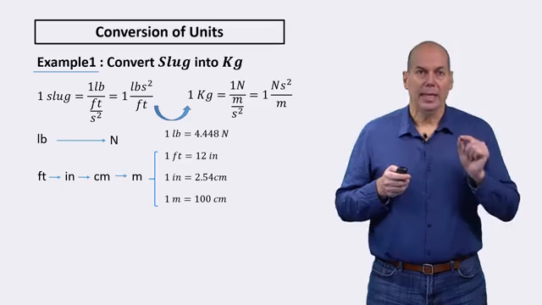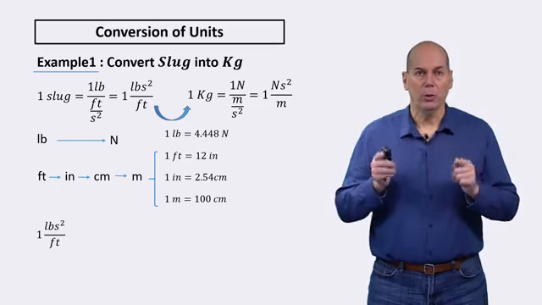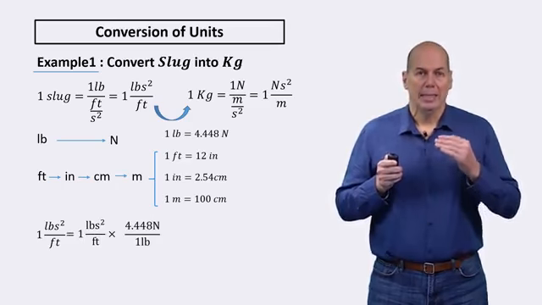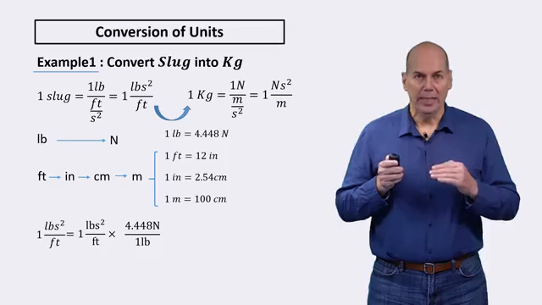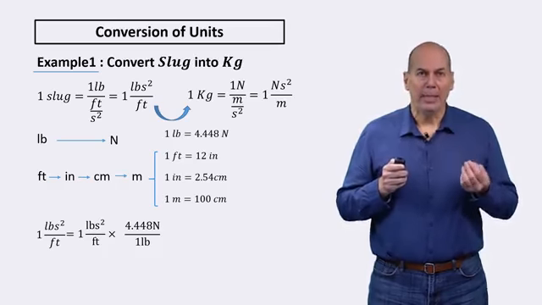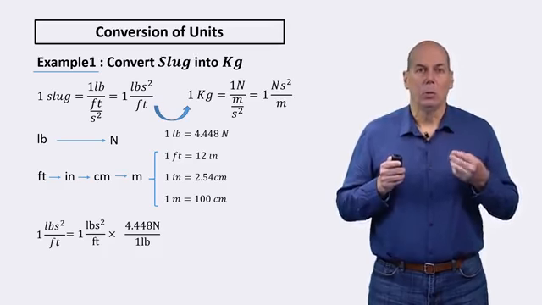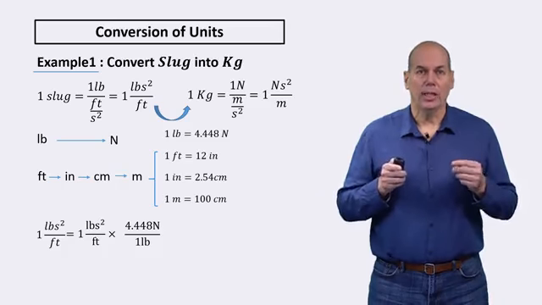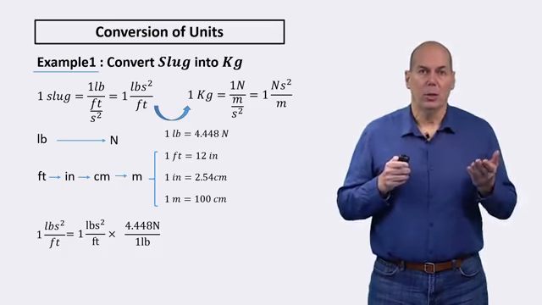We first try to eliminate pounds. So what we are going to do is multiply with a factor where the pound will appear in the denominator, and in the numerator appears the equivalent to 1 pound, which is 4.448 Newton. So this ratio is equal to 1, and therefore we did not alter the result.